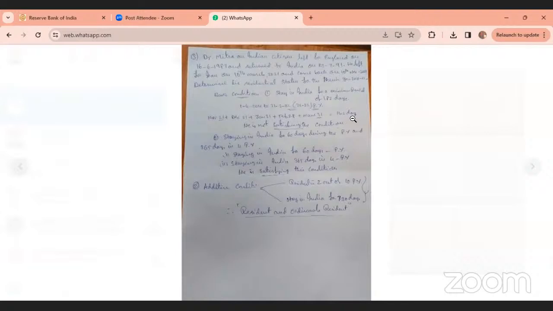Next, you see the second basic condition. What is the second basic condition? In India for 60 days during the previous year and 365 days in the last 4 preceding years. Previous years means 2021.